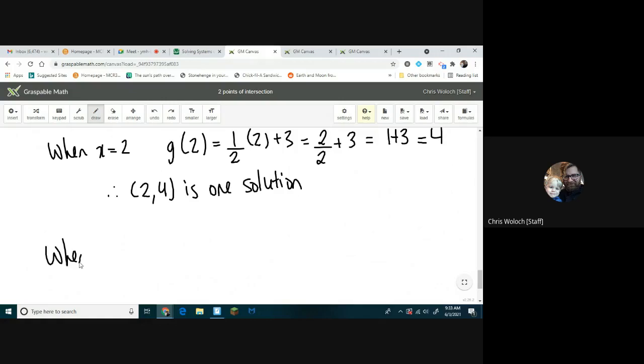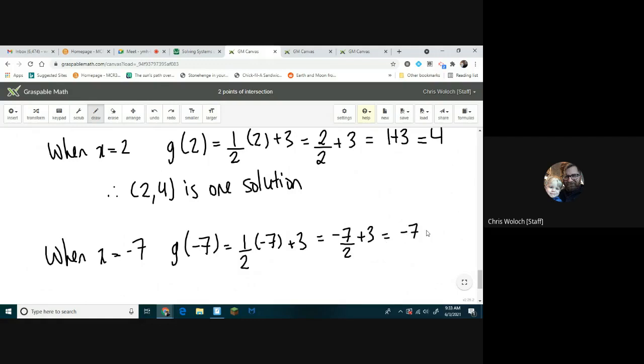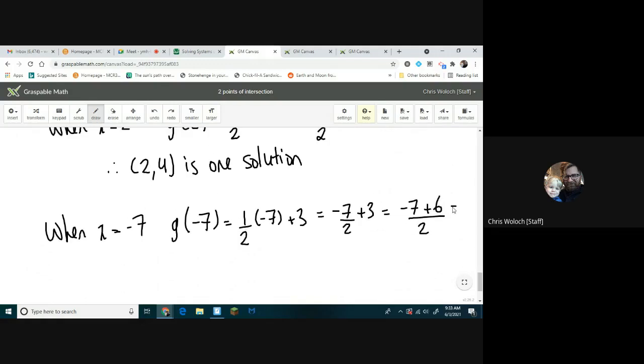And then when x equals -7, just do the same thing. G of -7 is going to be 1/2 times -7 plus 3, which is going to be -7 over 2 plus 3. So this one I just need to find the common denominator, which is going to be 2. So if this needs to be 2, then that's got to be times 2.